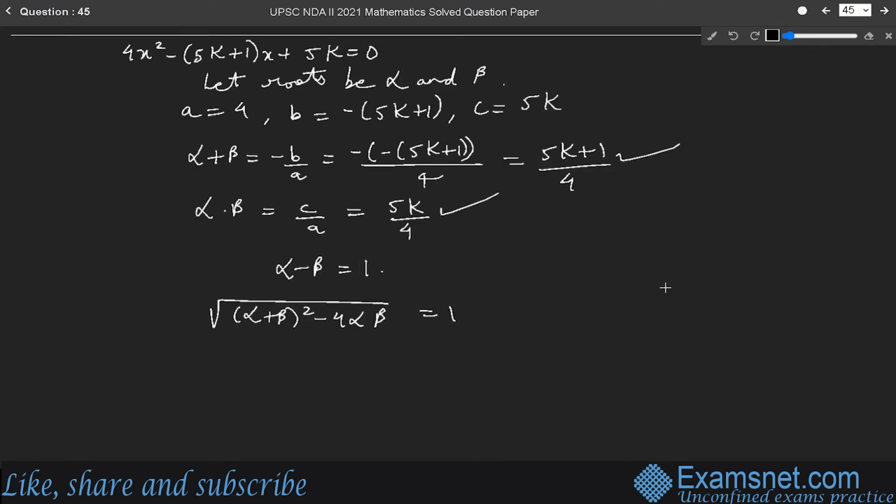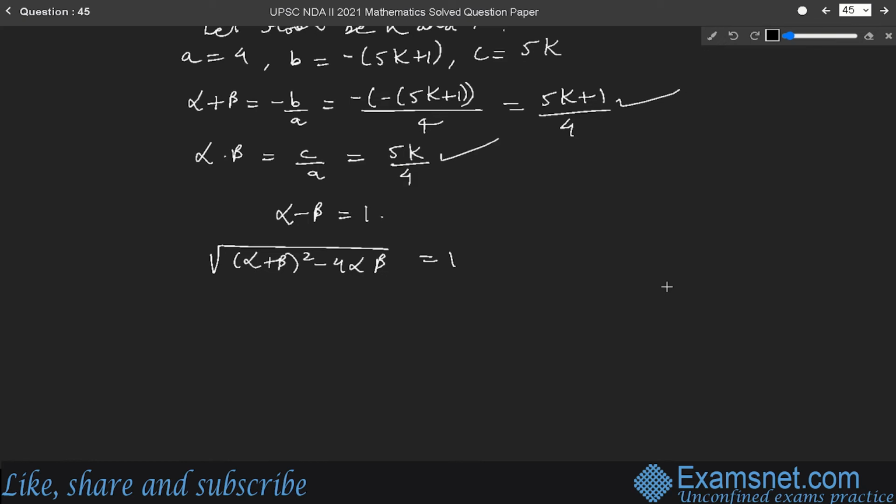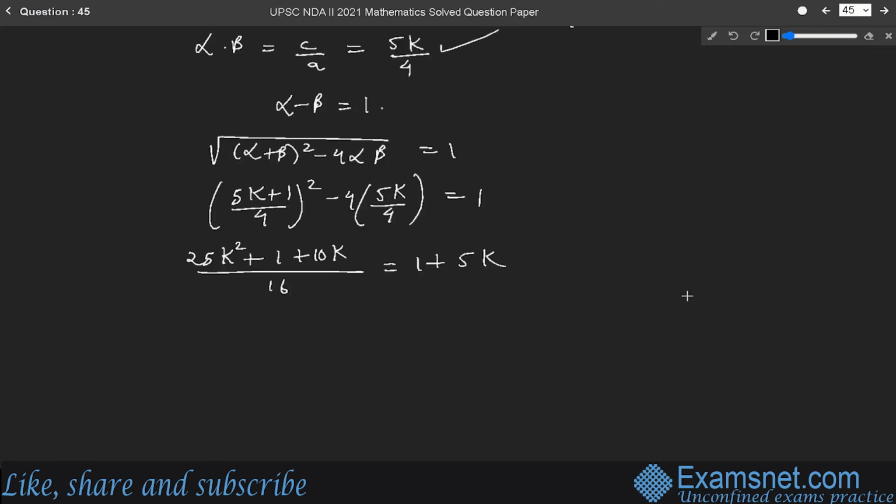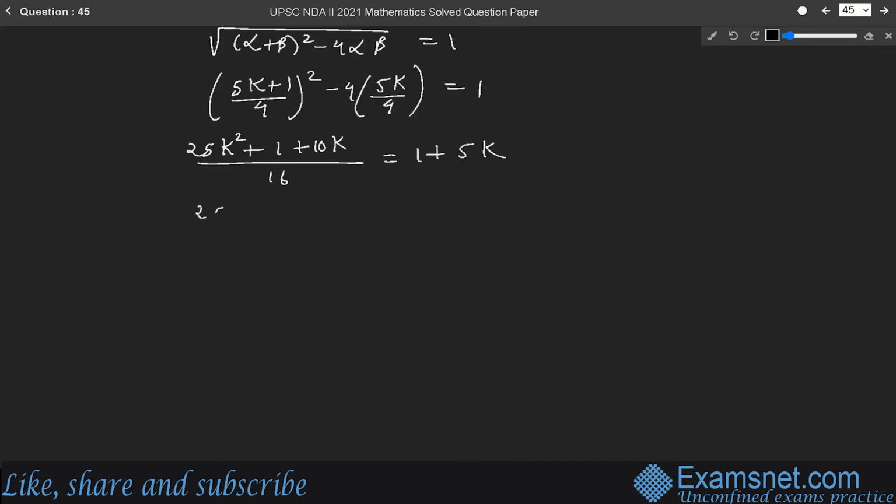Now putting the values for alpha plus beta and alpha into beta here, we will get (5k plus 1 upon 4) whole square minus 4 into 5k upon 4 is equal to 1, which gives (25k square plus 1 plus 10k) upon 16 is equal to 1 plus 5k. On further solving, it will be 25k square plus 10k plus 1 is equal to 80k plus 16.